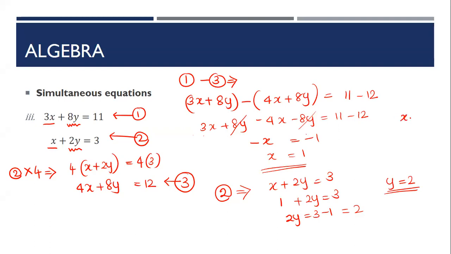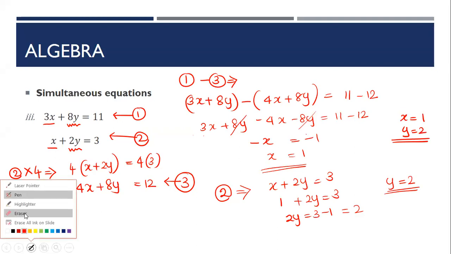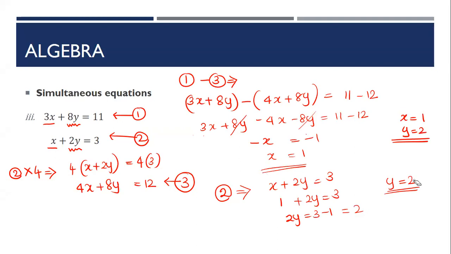So we are getting our answer: our x value is 1 and our y value is 1.